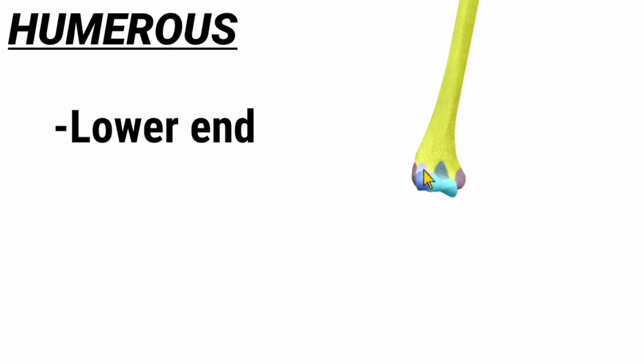This capitulum articulates with the radius bone, the head of the radius, and this trochlea articulates with the trochlear notch of the ulna.